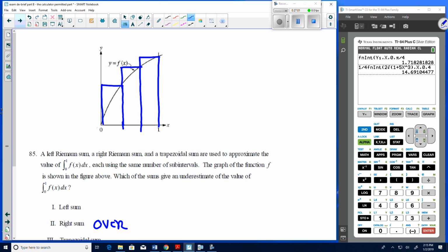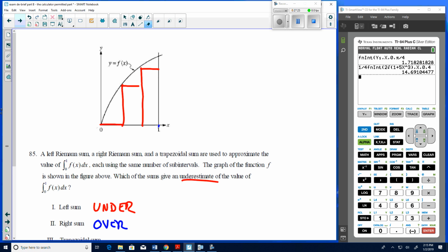How about a left sum? Again, we're going to use 3 boxes. They're all the same. And we do a left sum. So now we're coming in this way, and this way. Well, that's a severe underestimate. This first box has height 0. So left sum is under. So that's good. We want underestimates. And then trapezoids. We'll use 3 trapezoids in here.